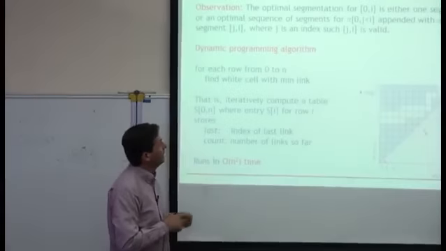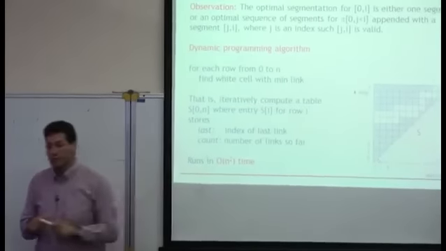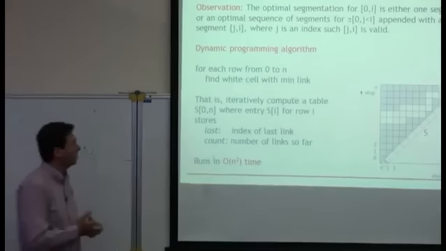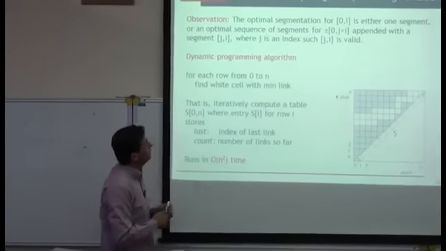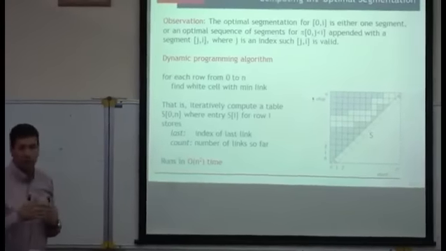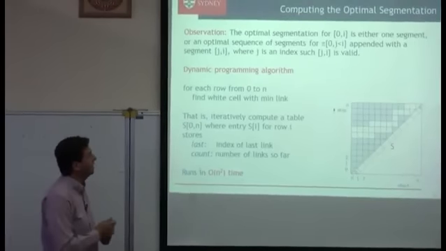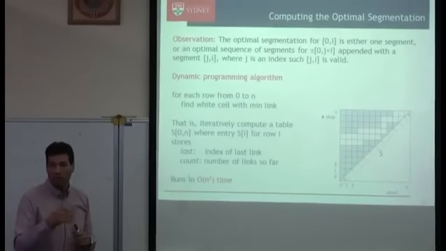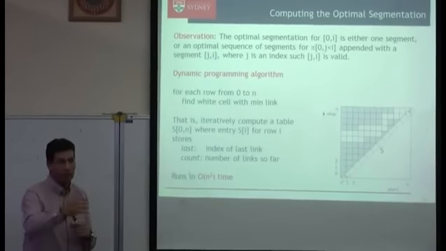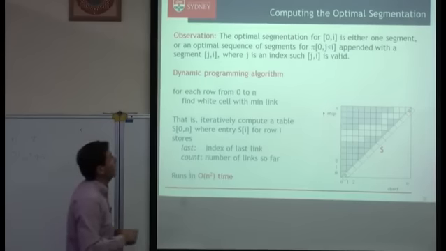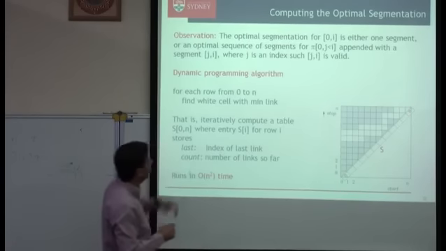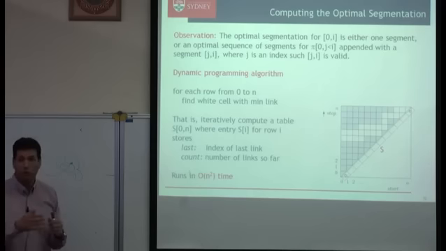Good. Okay, so if we want to compute this, it's actually a very simple dynamic programming algorithm. It says the optimal segmentation, if I want to go from the start to, say, segment I, is either one segment, going directly from 0 to I, so just one long segment, or an optimal sequence of segments from 0 to j, and then one segment between j and I. And of course I can do this for every I and j.